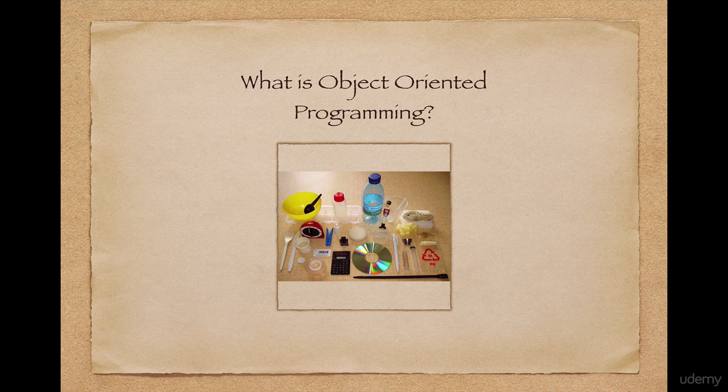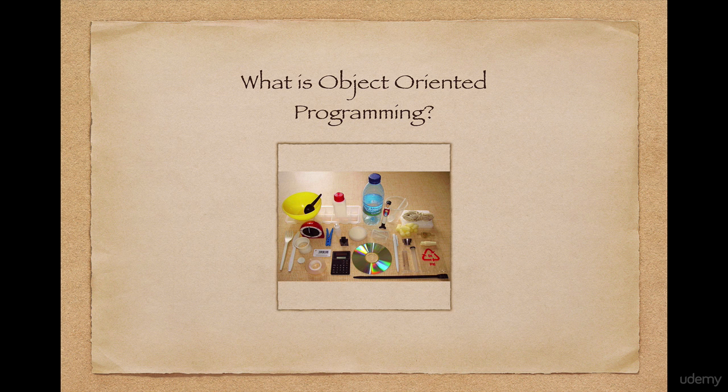If I want to create a pen or a CD, first I need a blueprint that shows me step by step how to create that specific object. So object-oriented programming means I can create different objects from different blueprints, and these objects can interact with each other in order to shape a unified system.